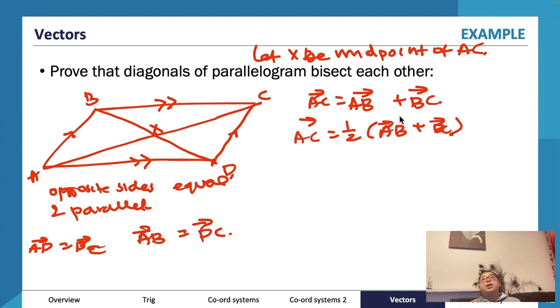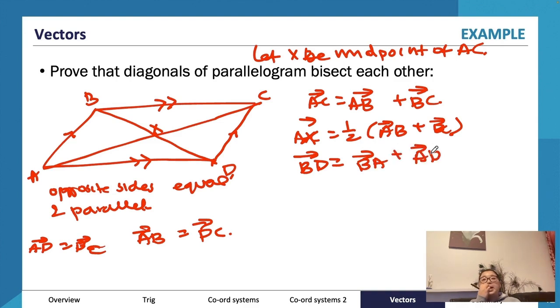Now we've found what AX is, and we can leave that as is. Now what we want to find is what BD is. So BD is going to be equivalent to our BA plus our AD.